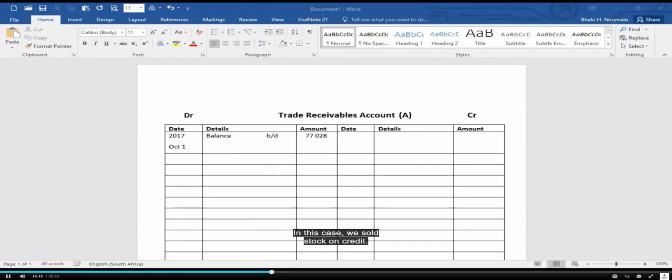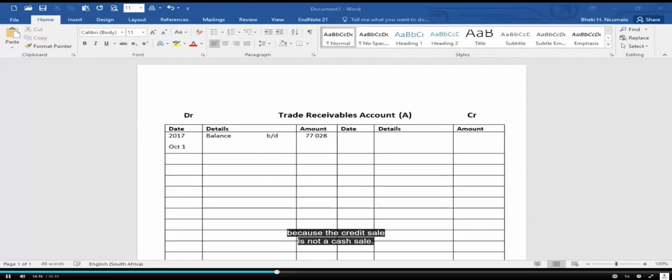Amount is 73,600. So in other words, our clients took stock not for personal use, but they took our stock on credit. Those are sales. They'll pay us late because it's a credit sale, it's not a cash sale. So in that case, we need to charge our debtors.